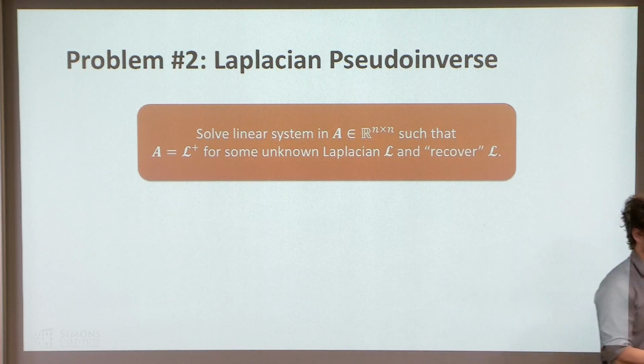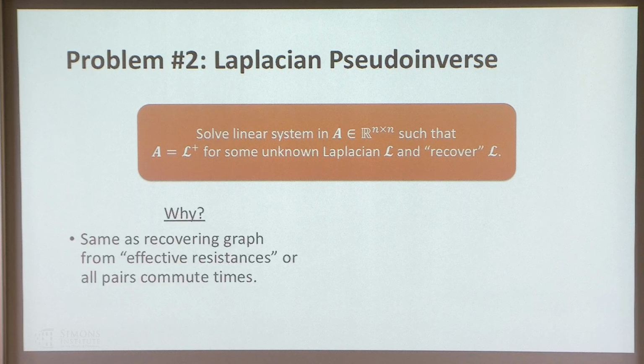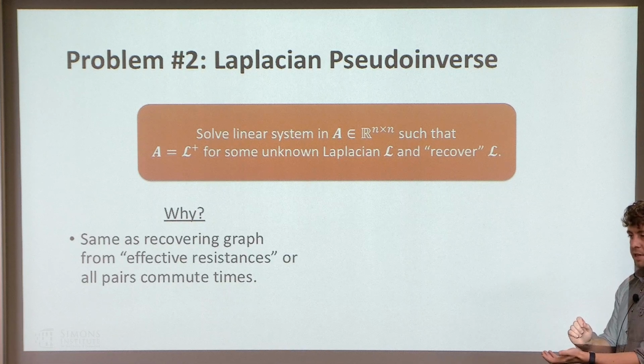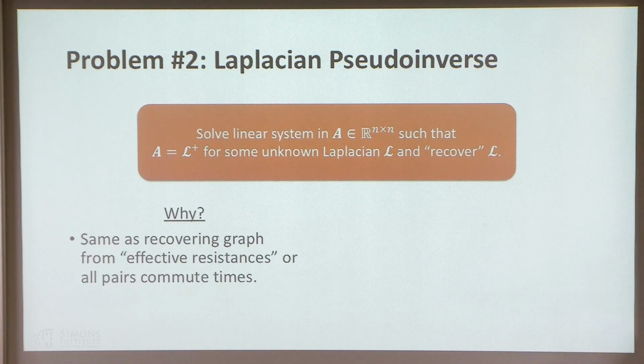All right. Well, why would you want to do this? You can show that being given explicitly the pseudo-inverse of the Laplacian is the same thing as being given all pairs of effective resistances in a graph. This is a natural pairwise relationship between vertices of a graph you'd care about.